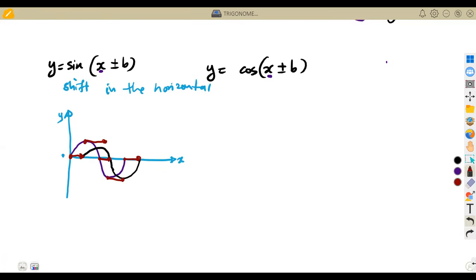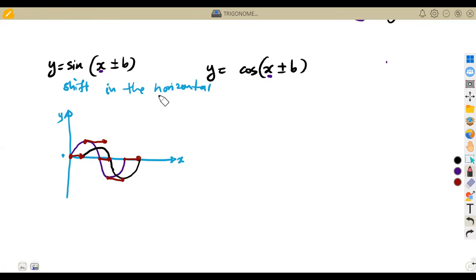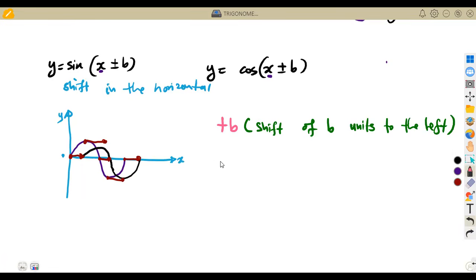It's horizontal. So how do we affect now this horizontal shift that we are talking about? All right, if it is a plus b like this, it means it's a shift of b units to the left. Take note, it opposes what you see here. It's a plus b, but it represents a shift of b units to the left. So we shall properly see this when we are drawing these graphs. All right, we've got a negative.